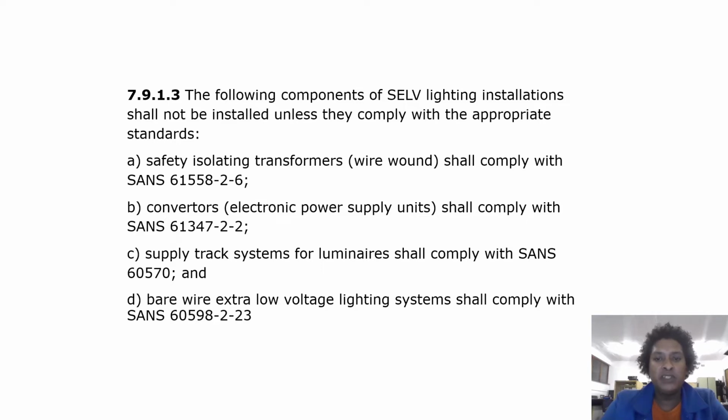Converters, electric power supply units, shall comply with SANS 61347-2-2. Supply track systems for luminaires shall comply with SANS 60570, and bare wire extra low voltage lighting systems shall comply with SANS 60598-2-23.